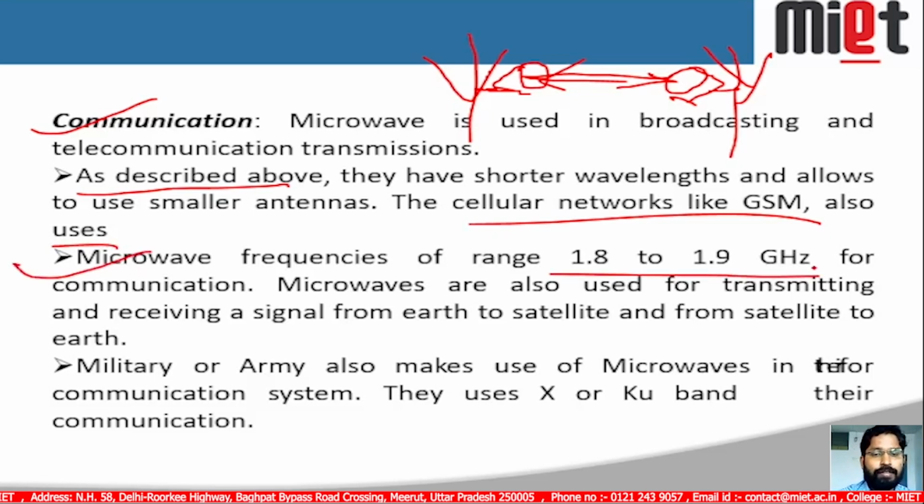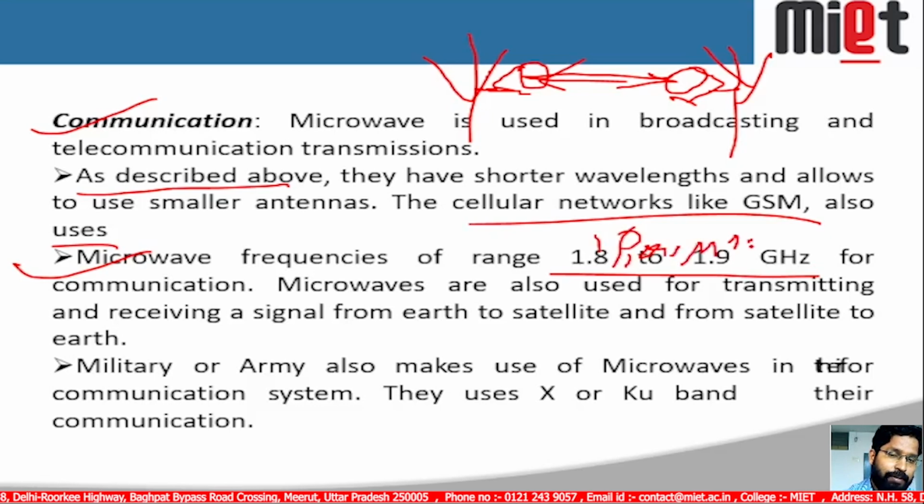1.8 to 1.9 gigahertz is used for communication. In the previous slide, we discussed that 1.8 gigahertz means 1800 megahertz.